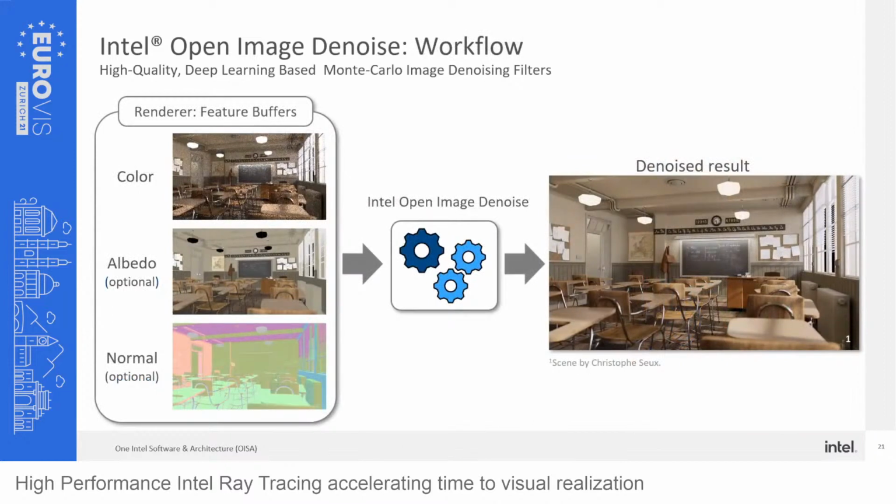How can you leverage the power of OpenImage Denoise? We supply a pre-trained neural network that can take as input multiple image buffers that typically are available from today's renderers, such as the original noisy color image, along with optional albedo and normal passes, to output a high-quality, noise-free image close to ground truth. And I really want to emphasize how little work this takes.